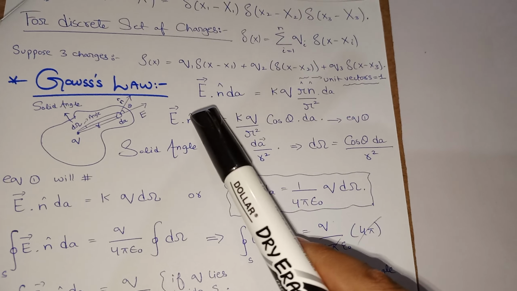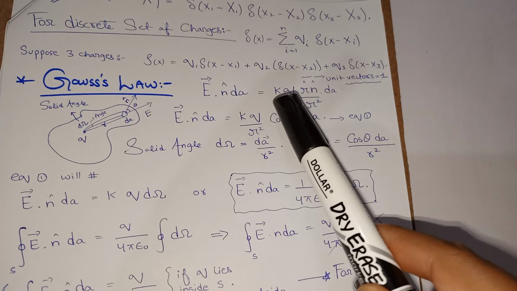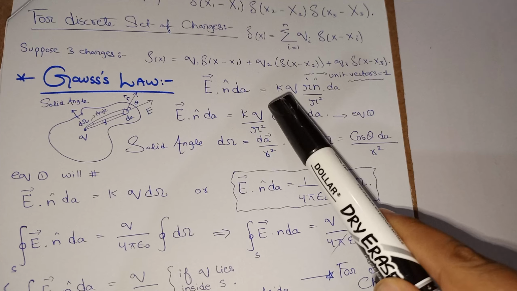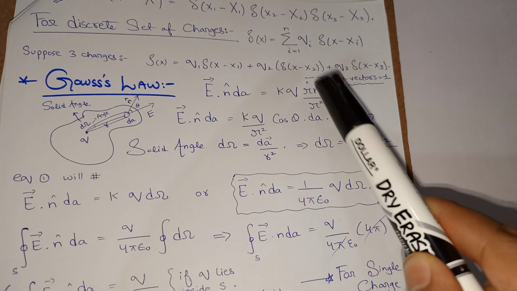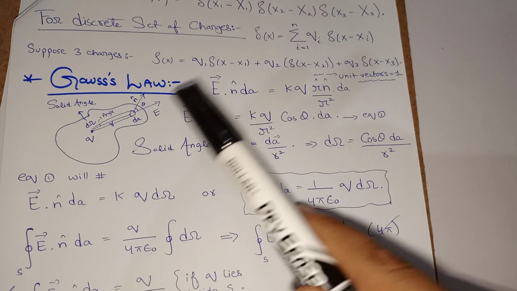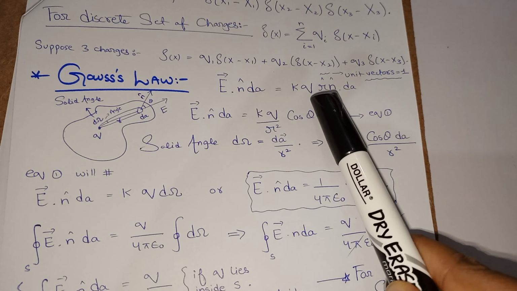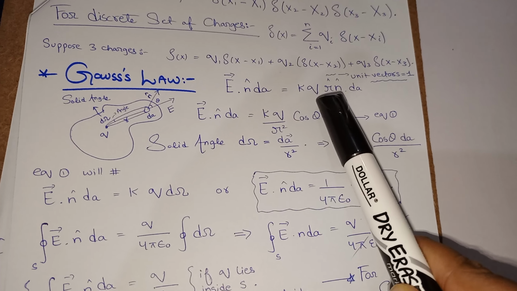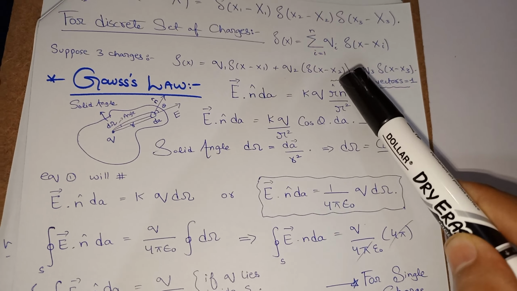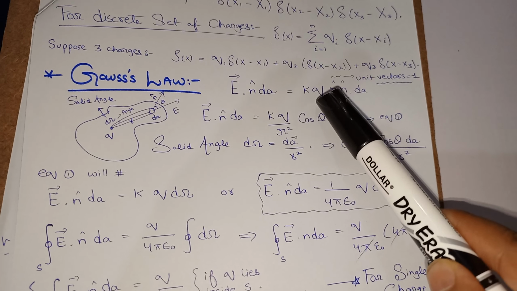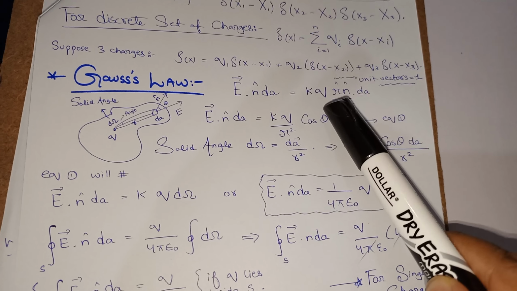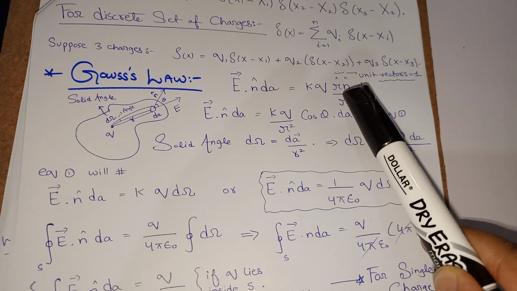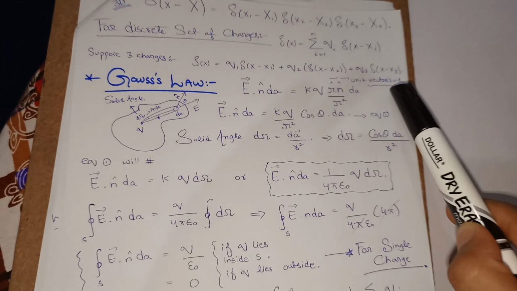as you all know, the electric field is equal to kq by r square. This is the electric field, and n cap dA is the unit area of that patch as it is. And r cap is basically the direction. This is not r, so we cannot cancel it with this r, because this is the direction. This is one unit vector, this is another unit vector, and you know a unit vector has value 1.